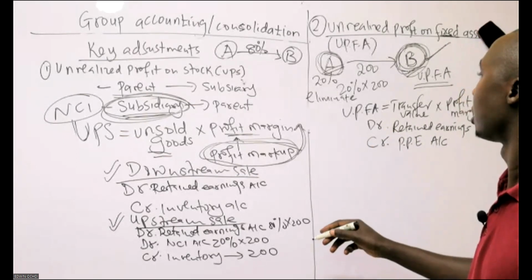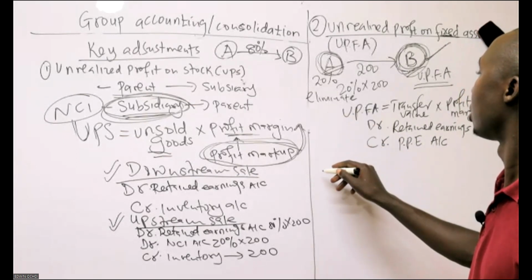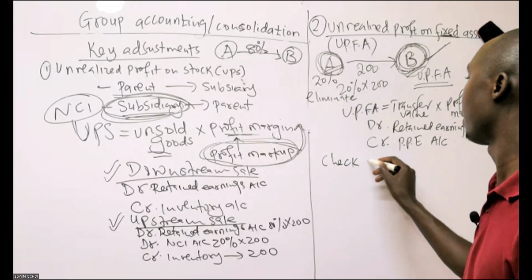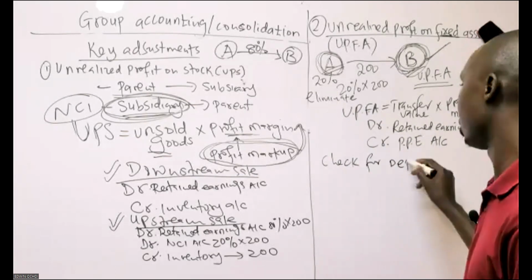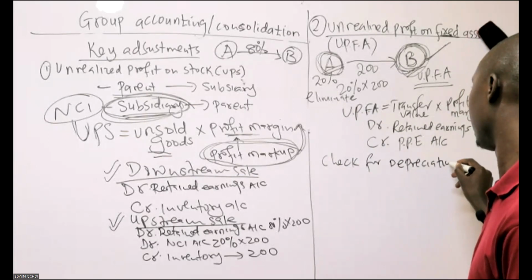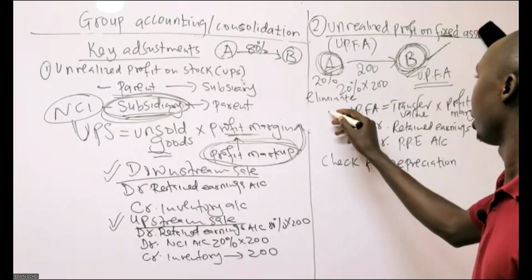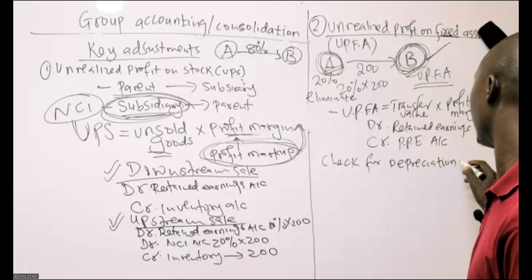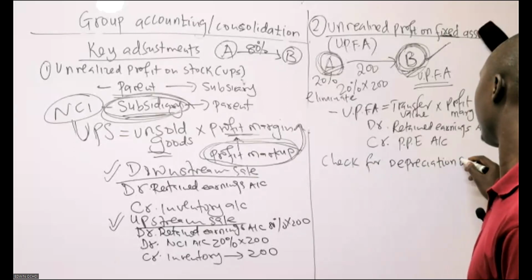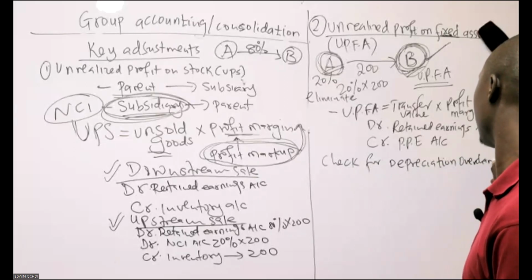So after this, what you need to check for is depreciation overcharge. Immediately after computing the UPFA, you have to check for depreciation overcharge. How would this arise?